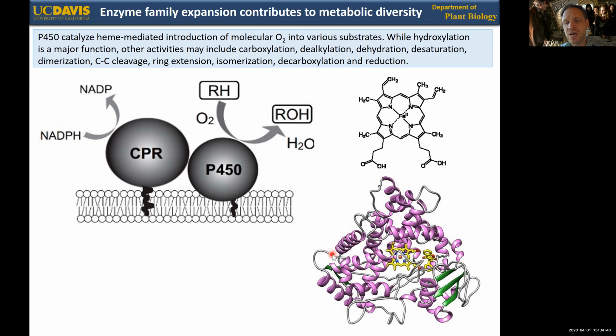An extremely diverse enzyme class, usually with very large gene families, even within one plant species. For example, Arabidopsis, as essentially a very simple plant, has, I think, more than 400 P450s.